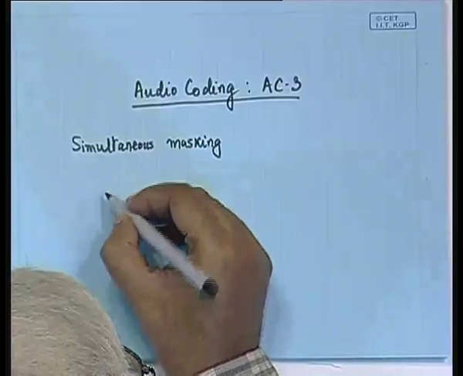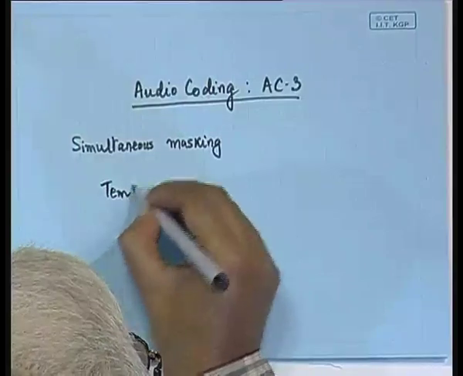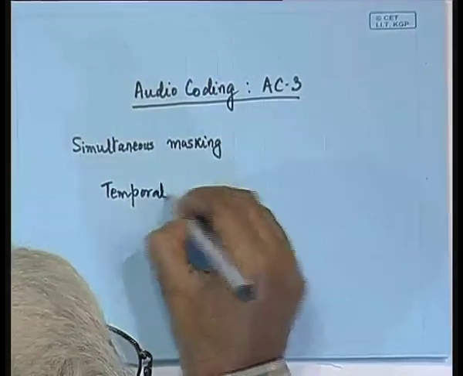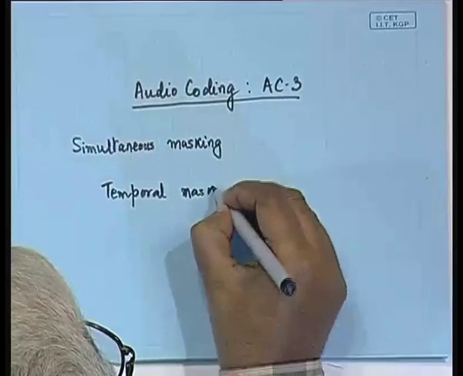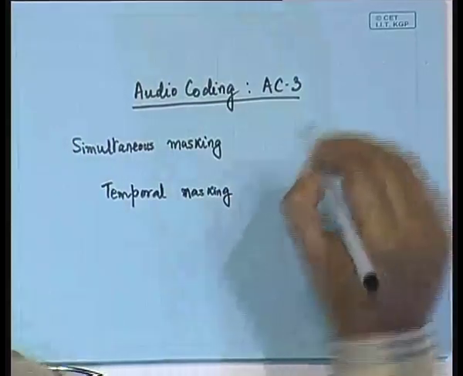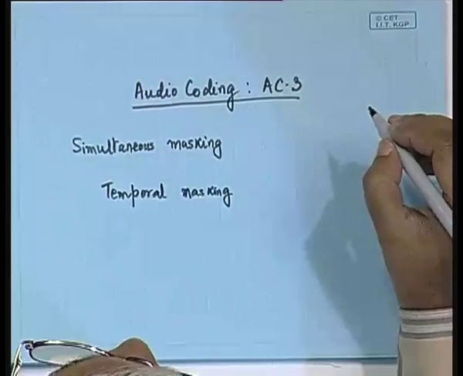But it has also been observed that other than simultaneous masking, there is also a kind of masking known as temporal masking. By temporal masking, we mean that the masker and the maskee may not happen exactly at the same instant.